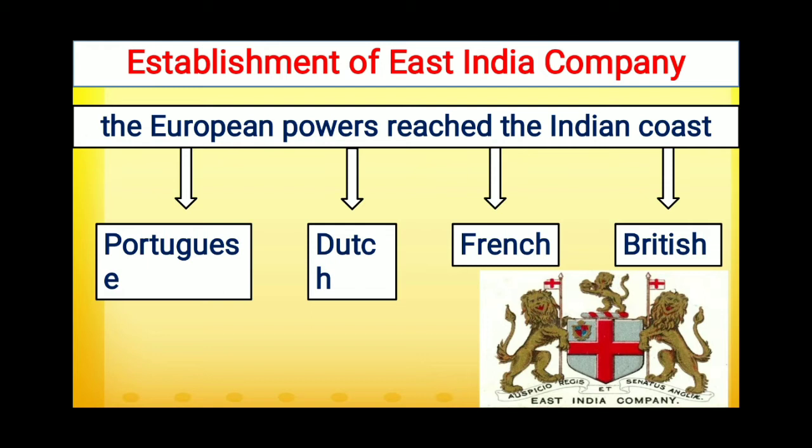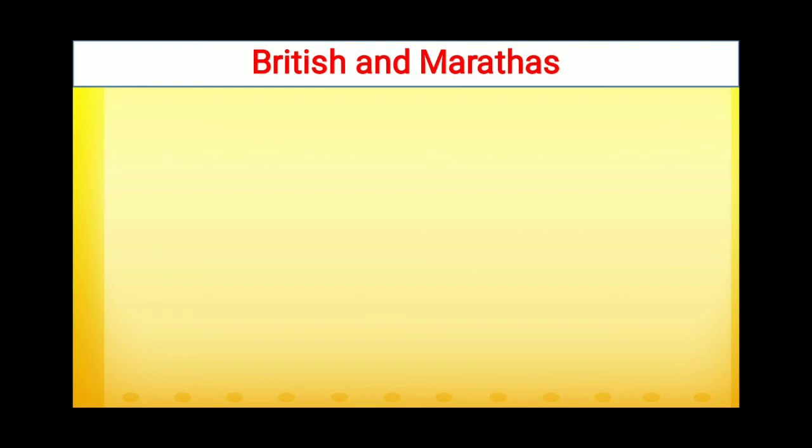Britishers were continuously trying to establish their own market strategies and to attract the people towards them. But to do that, they had to face opposition of French, Dutch, and also of some local rulers. And in that, the most important name is the Marathas.